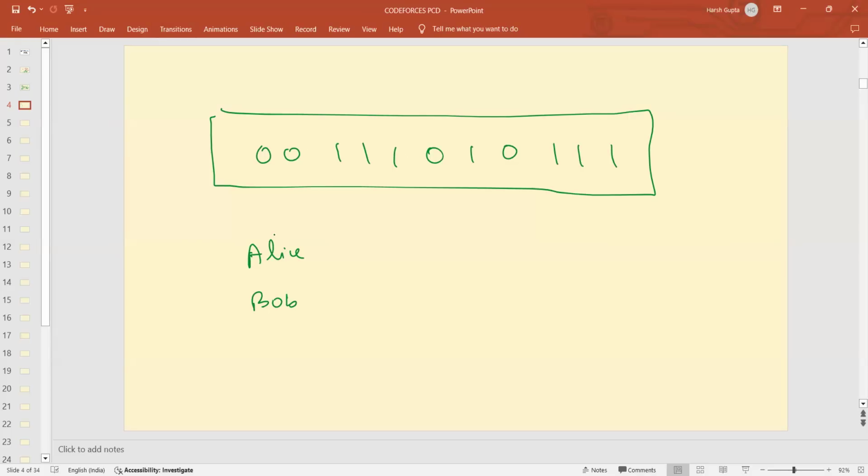That is, if I am, let's suppose, Alice, I can remove the entire substring, or I can remove this substring, this substring, this substring, since all the elements are equal, and this substring as well. So these are the options I have. I can remove any such substring, and similarly, Bob can do that as well.